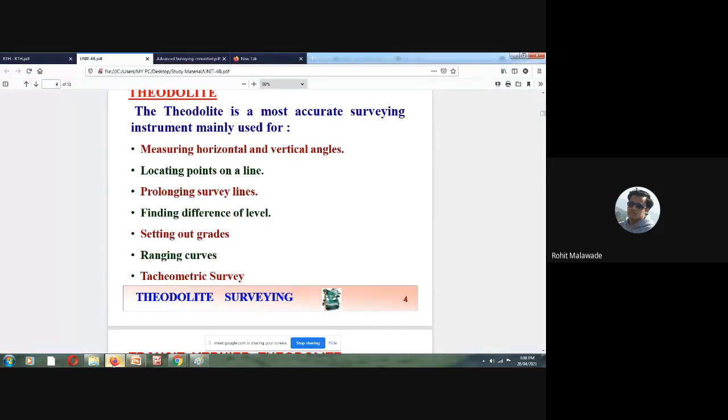Setting out the grades, setting out the curves, finding the difference in elevation, prolonging the survey lines, locating the points on a line, and measuring the horizontal and the vertical angle.